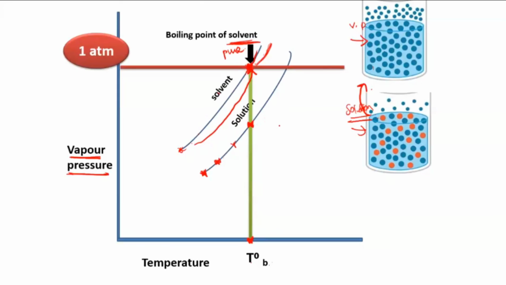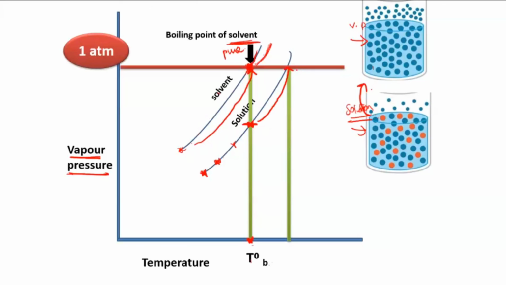At this particular temperature it has reached only till here, so the liquid will not start boiling. So what should I do? I should increase the temperature, because the vapor pressure here is very less. If you increase the temperature, slowly the vapor pressure will increase and it will start crossing this line. Once it crosses that line, the solution will start boiling.